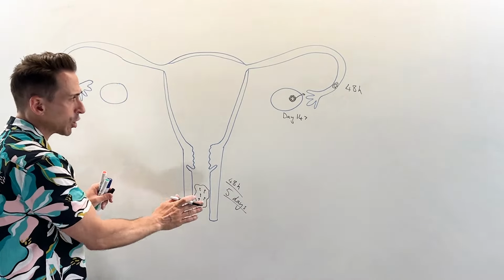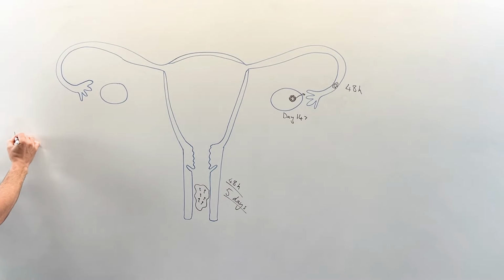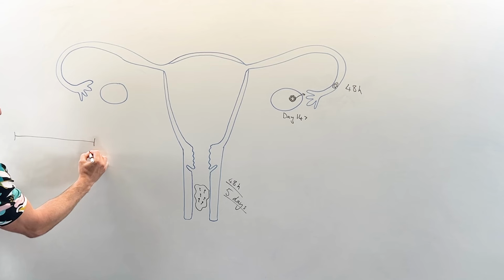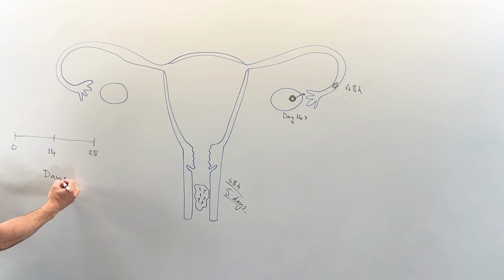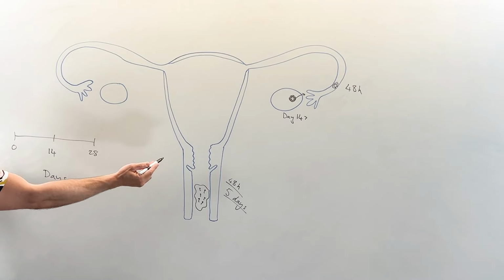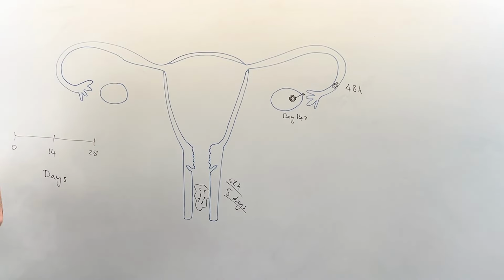Okay? So that means that if we take the reproductive cycle, which we know is day 0 to day 28, and ovulation is happening at around about day 14, and sperm can last, let's say on average 3 to 4 days, that means that you can have sex from around about day 12, because then you've got day 12, 13, 14.